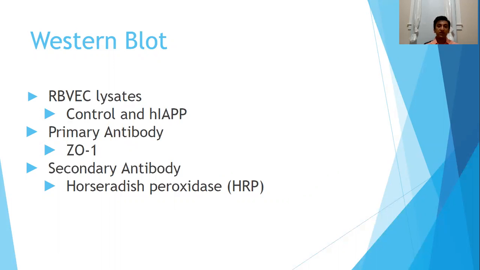After this, the PVDF membrane was incubated with the primary antibody, which was the ZO1 polyclonal antibody, and the secondary antibody, horseradish peroxidase, also known as HRP. GAPDH was used as a loading control, and after washing the membrane, a G-box was used for imaging, and the image of the membrane was taken.